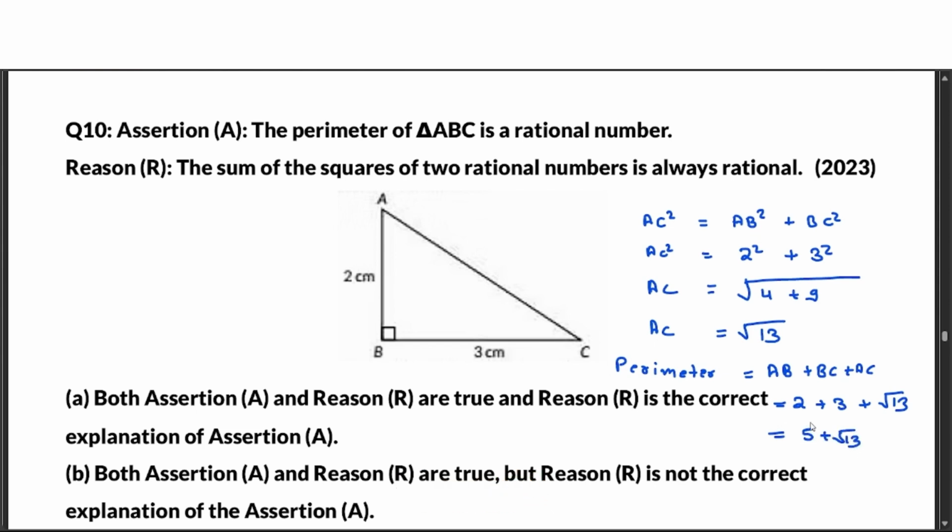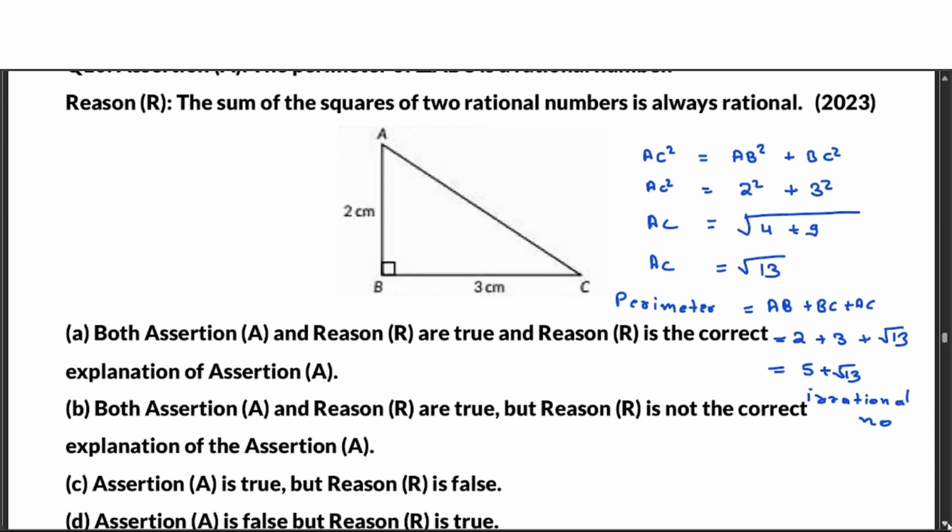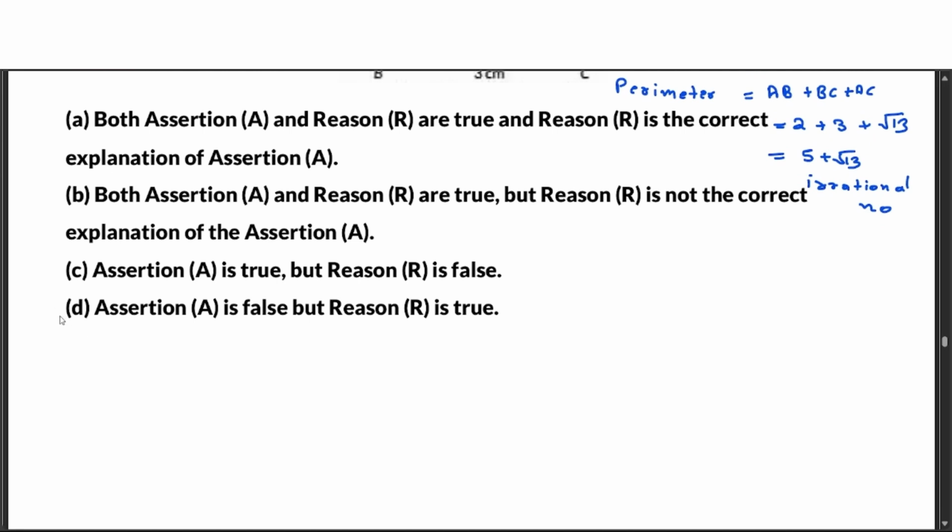So you can say it is an irrational number. It is not a rational number. So which means your option A is wrong, and your correct option is D. Assertion is false, but reason R is true, because you know that if you add the squares of any two rational numbers, you will always get a rational number. Okay, hope you got it.